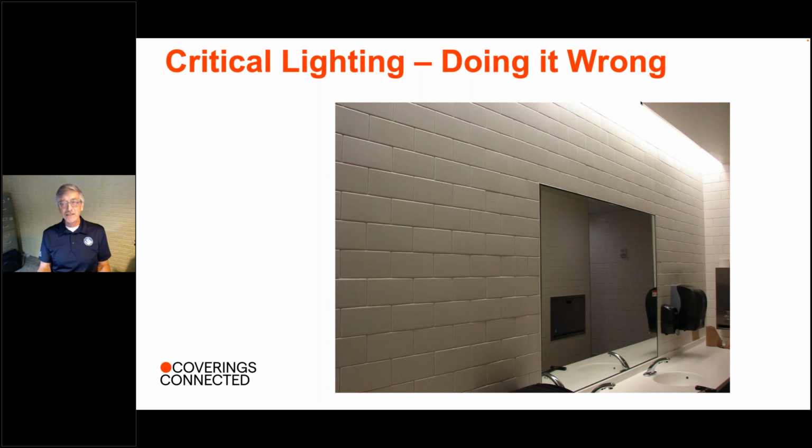If you look at the ceiling and where the ceiling meets the wall in this picture, that bright white line there, that's the light. It's up there right against the wall, and it's shining down on the wall and illuminating the wall very nicely, but it's also creating shadows where the tiles meet the tile.